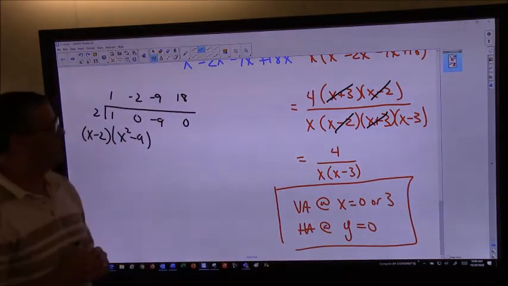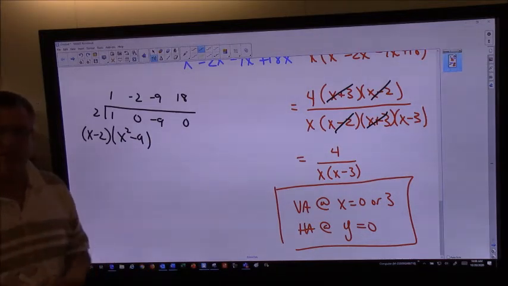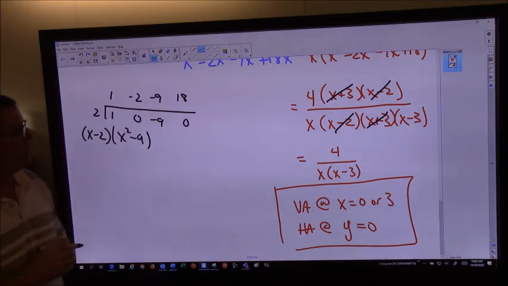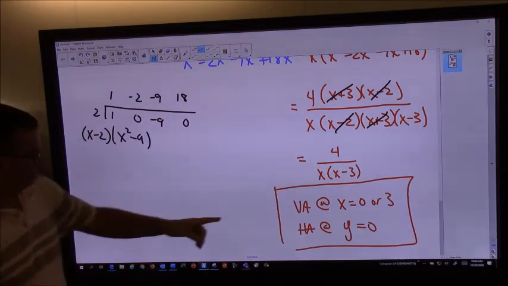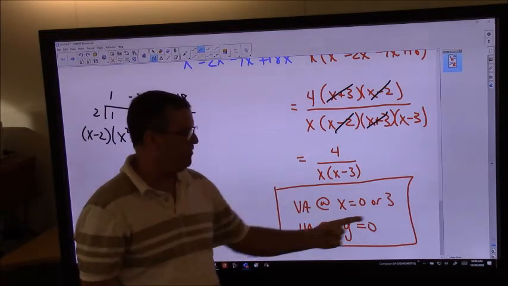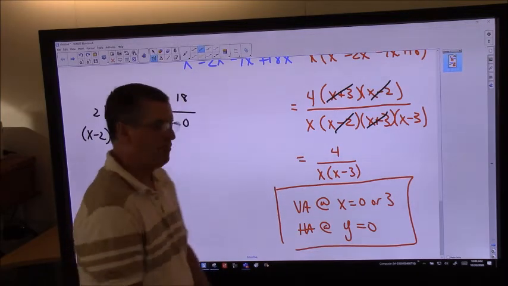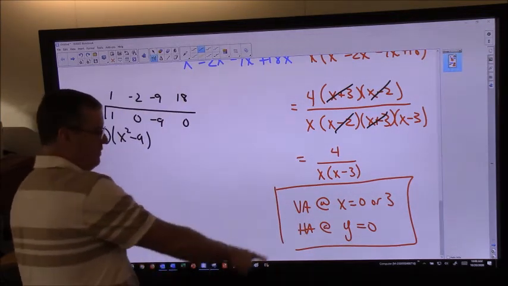There's my asymptotes. All right, so that's one thing we want to do, just locate asymptotes. Really, this kind of fits into the idea of limits because what we're saying with a horizontal asymptote is as x goes off to infinity, the value of this function is going to be 0. And as it goes off to negative infinity, the value is going to be 0.